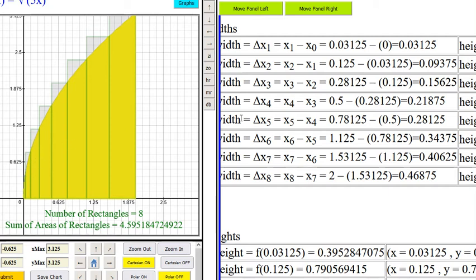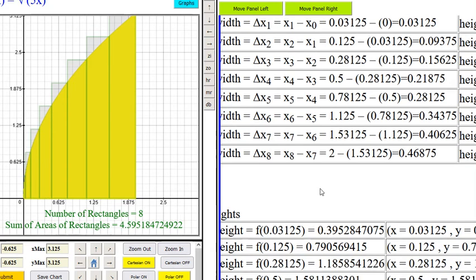For the third rectangle, this right here, it'd be x sub 2 to x sub 3. And this is 0.125, and this is 0.28125. And we will use the right endpoint, which is 0.28125, to find the height of the third rectangle.